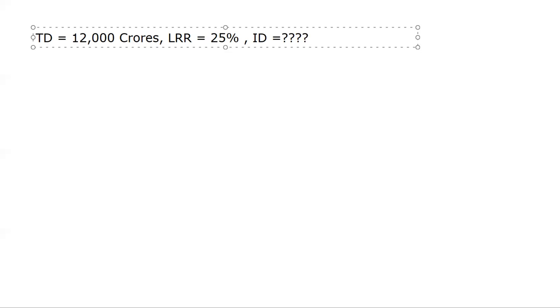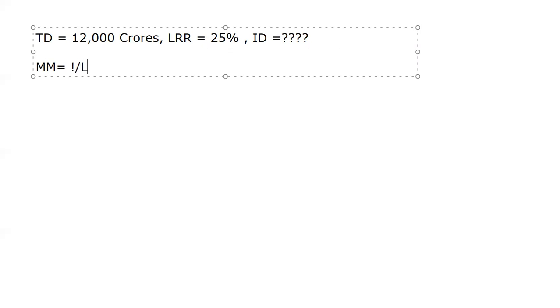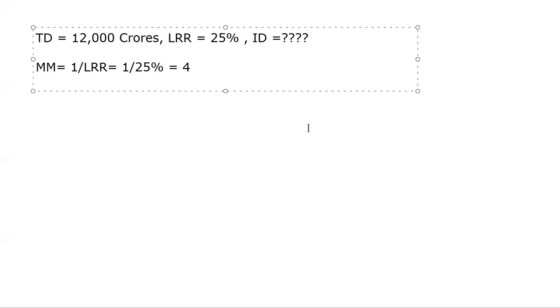So again, you will find out the value of MM. MM is equal to again 1 upon LRR. It's equal to 1 upon 25%. So when we calculate this, it would be equal to 100 upon 25, which is equal to 4. Already total deposits have been given. Okay, TD they have already given.